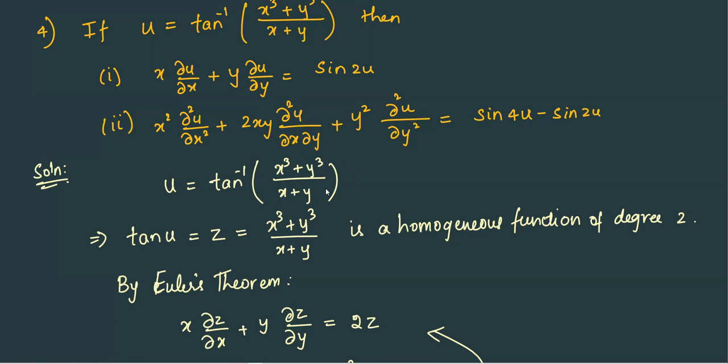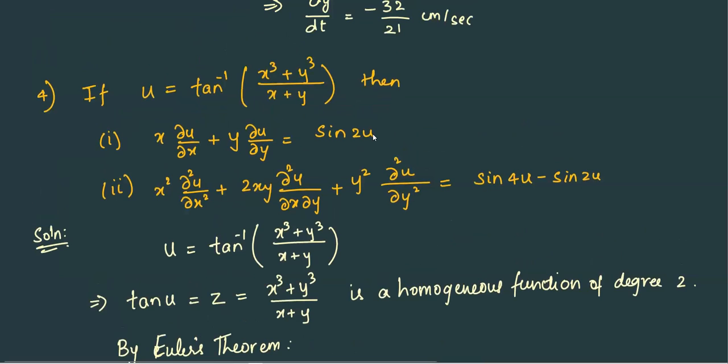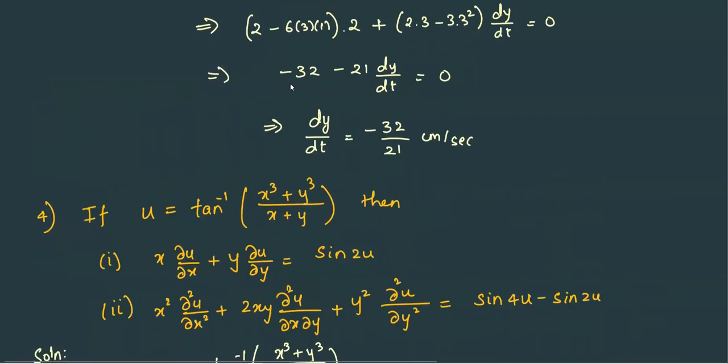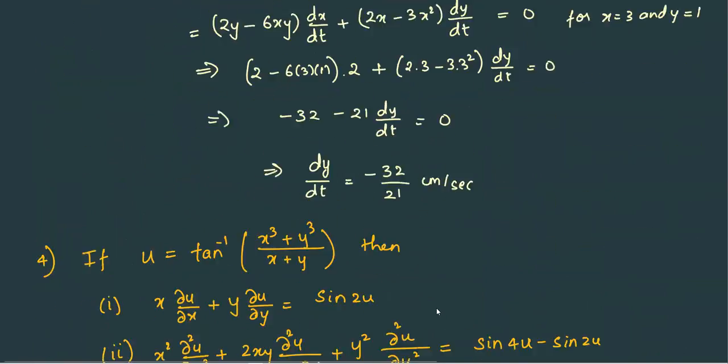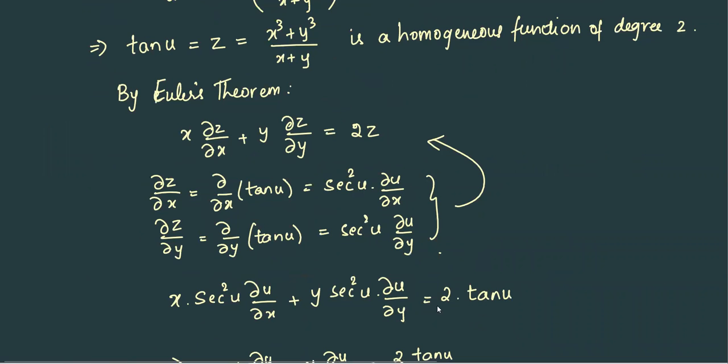It would have been a very complicated expression. And then you have to convert it and show that it is sin 2u, 2 sin u cos u. But by Euler's theorem, we made it very, very simple.